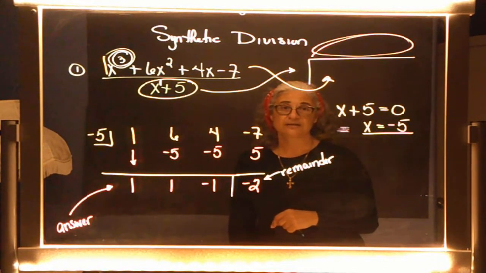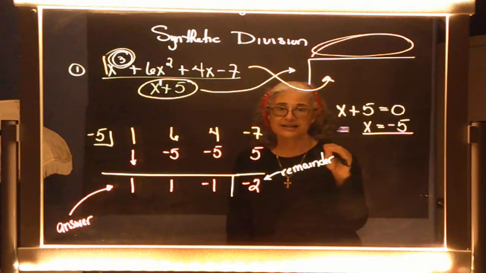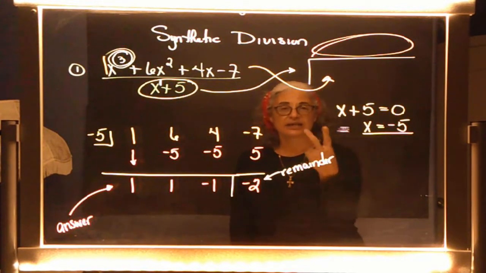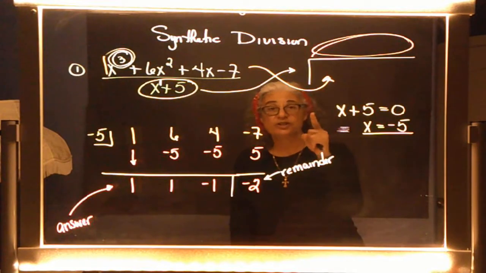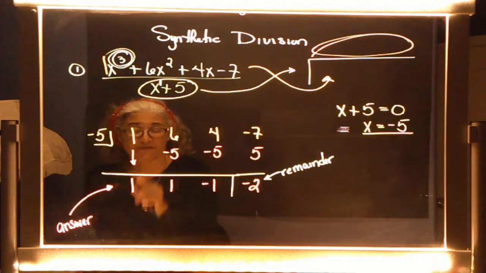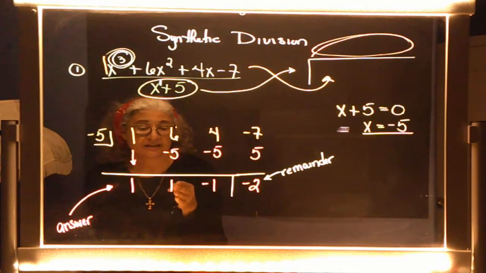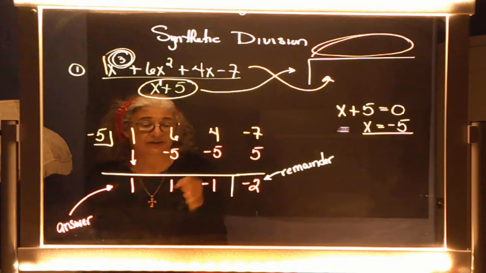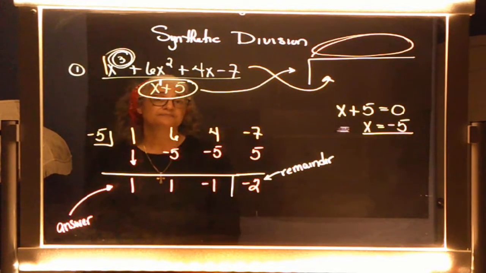Got it? Third degree, I cut it down by 1 degree, it gives me a second degree, which means this number, the very first number I dropped, is my x squared. This number is my x to the first, and this is my constant.